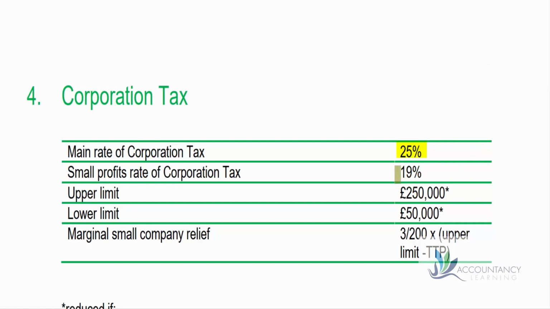There's 25%, but if we're a small profit making company, then it's only 19%. So there's a bit of a mixture here, and the threshold for whether or not we apply any marginal relief is if we have that 250,000.